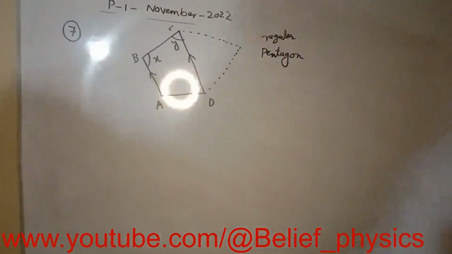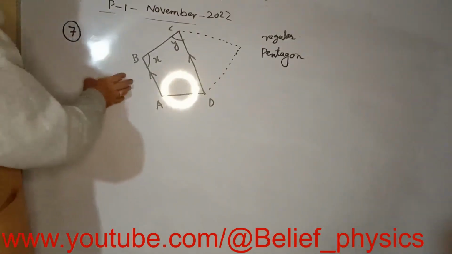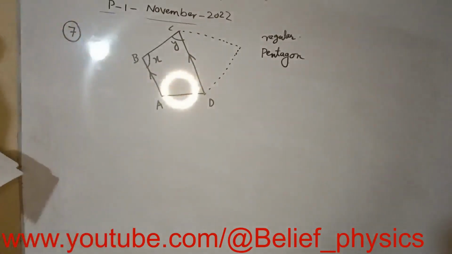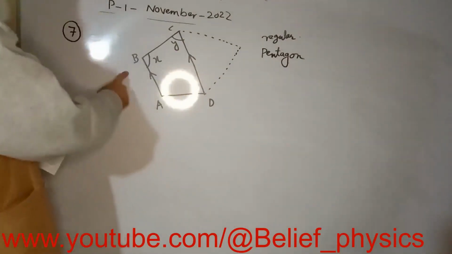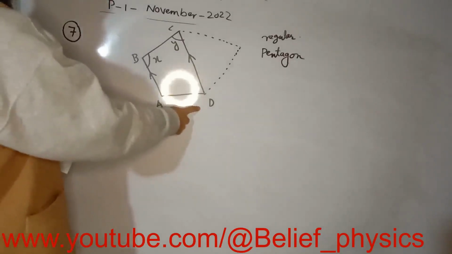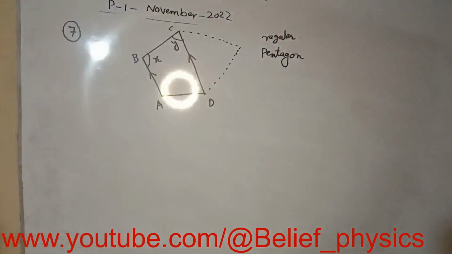Question number 7: we are given a part of a diagram of a regular pentagon. It's given that in the diagram AB, AD and BC are three sides of a regular pentagon.